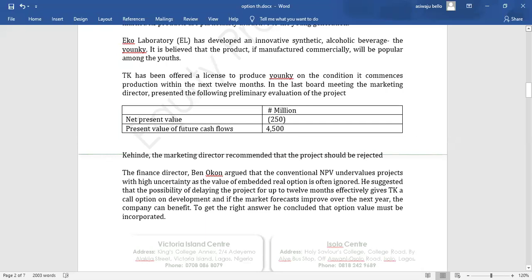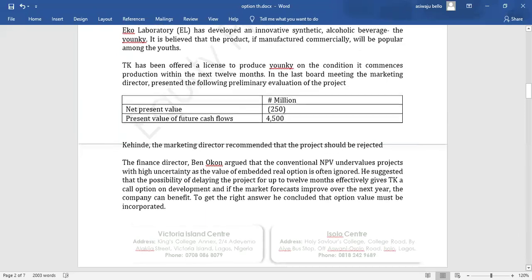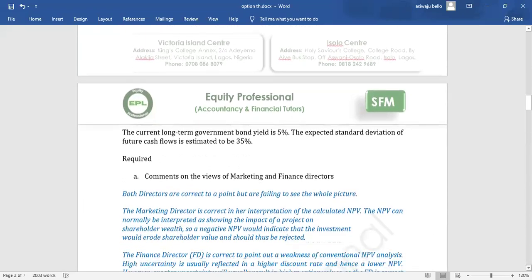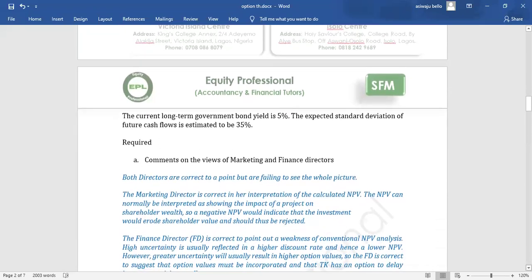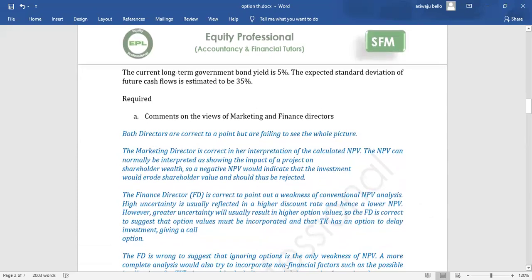So the marketing director is also not wrong. Sorry, the finance director is not wrong. Look at the comments. The marketing director is correct in our interpretation of calculated NPV.